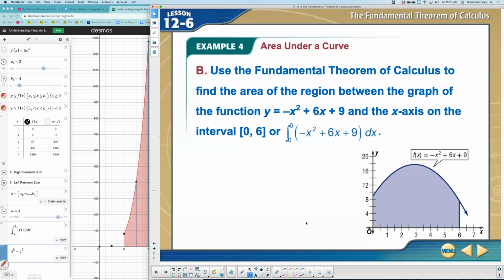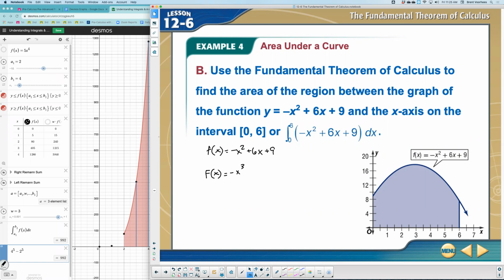Now part B, we're going to evaluate this function here. So let's first start with the antiderivative. f of x equals negative x squared plus 6x plus 9. So for the antiderivative, we go to the third power.